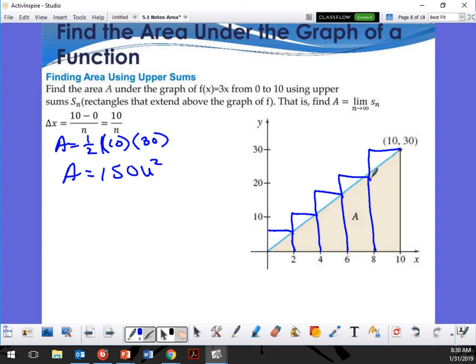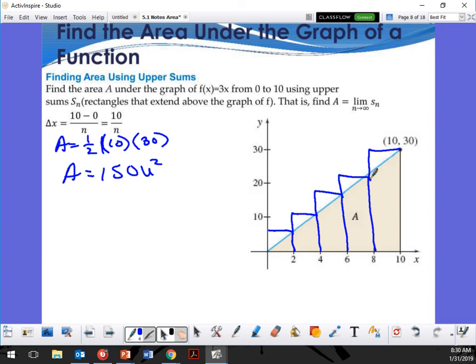That would be another one like that. So this one, what would my n be in that case? 5. It'd be 5, right? Why is it 5? I have 5 rectangles, don't I? 5 rectangles, so I get that. So it's possible to do this.